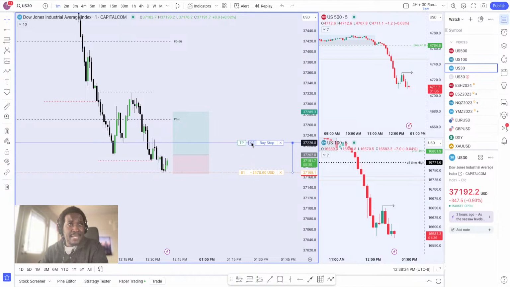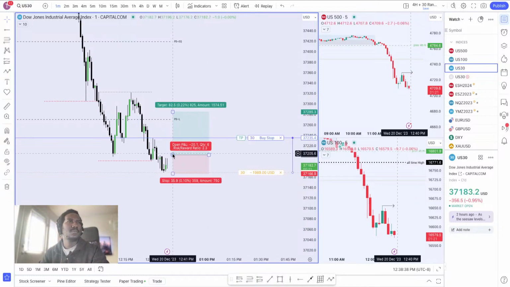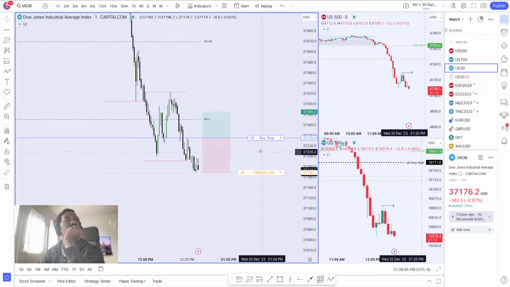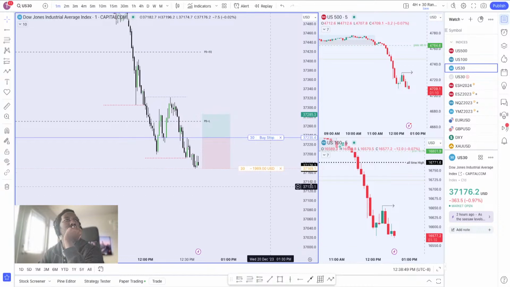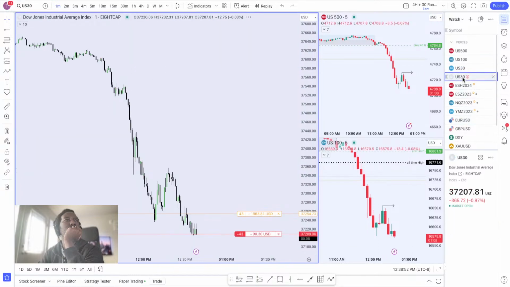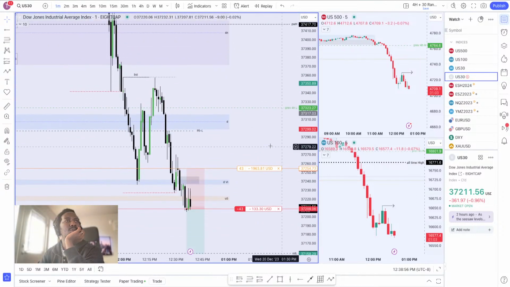I think my buy stop should be at least over here, where I have the stop loss of the other entry, honestly speaking. 0.5. That would make more. So then that means I can do the same thing here.